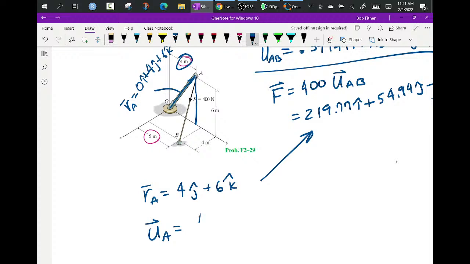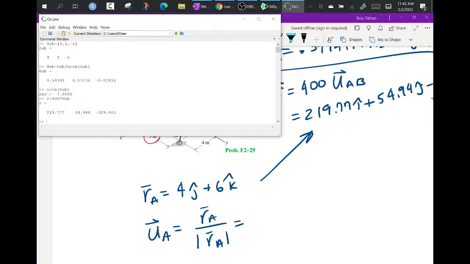Well, that's going to be the vector A over its own magnitude. So what I've got is to come up with RA, and that would be 0, 4, and 6. And then I want to find the unit vector A, which will be RA divided by the norm of RA.